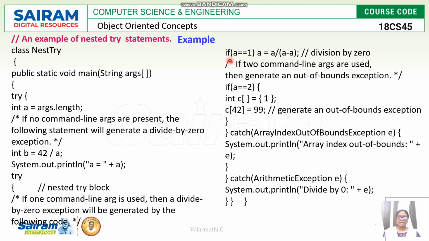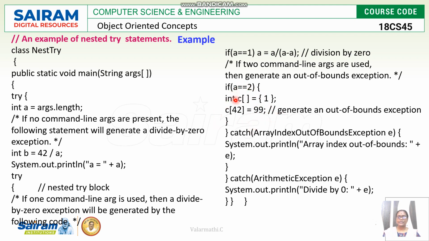The code inside the inner try statement is: if a == 1, then a = a / (a - 1), which causes an error. And if a == 2, then int c[] = { 1 }, with only one element given within the curly braces, and then c[42] = 99. Here also one kind of error will occur.